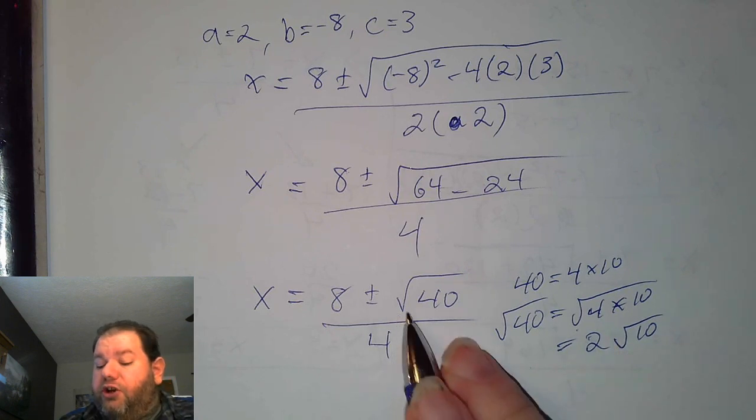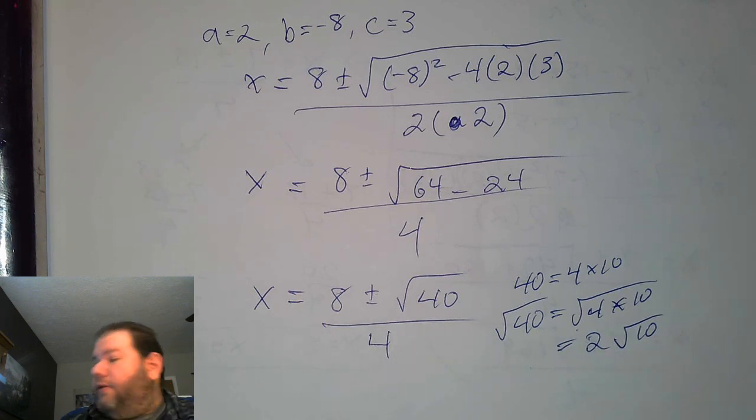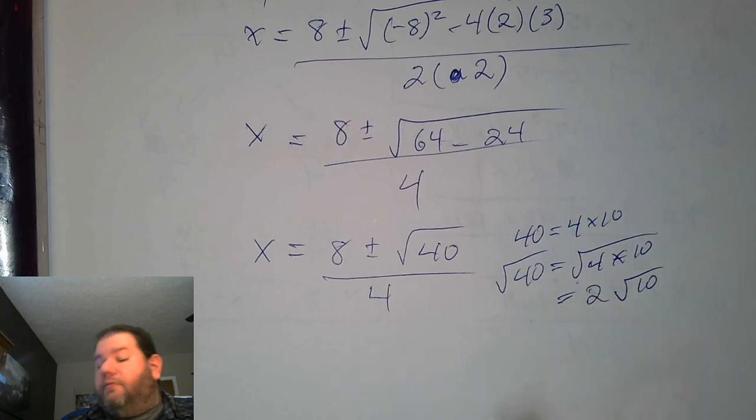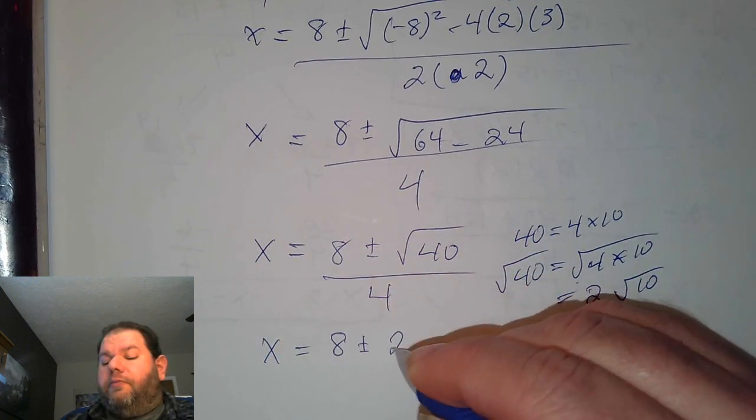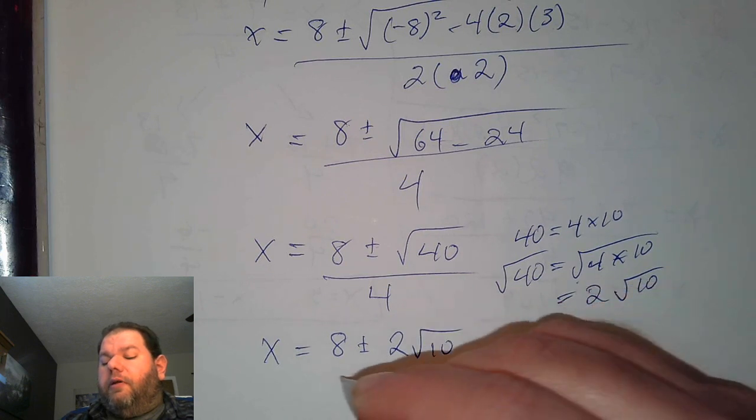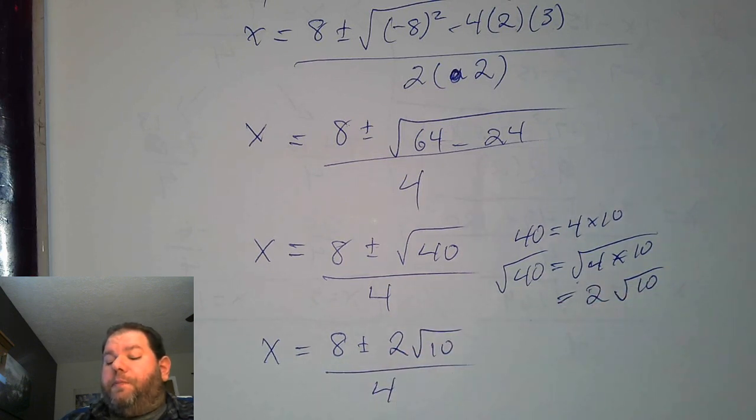And so we'll go ahead and change square root of 40 to 2 root 10. Whole thing divided by 4.